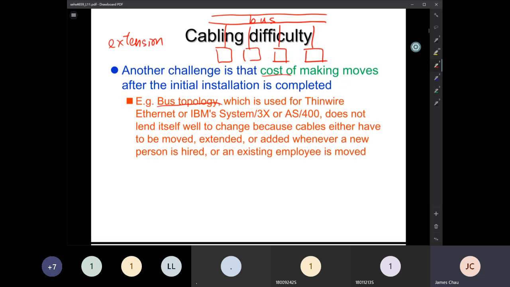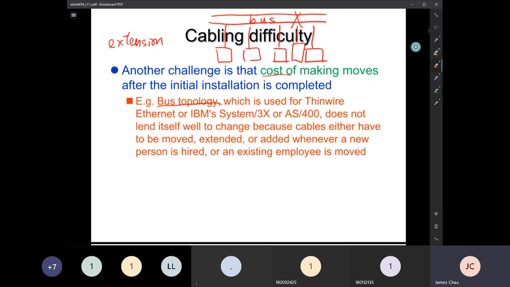Now, when you are going to connect a new system to the network, what you are going to do in the older days is that you are going to break down a cable in order to insert a new system. As a result, when you make the installation of the new system, your whole network is shut down because you needed to break it up in order to install a new system.